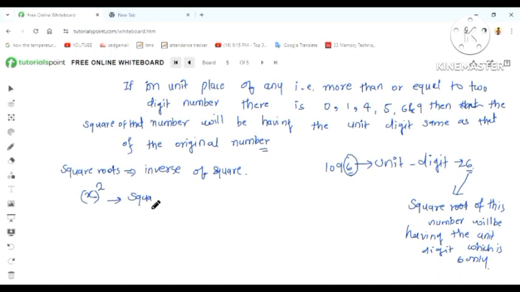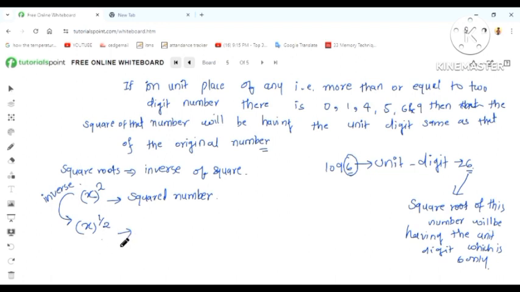Now if someone asks you how you will represent the square root, the square root is x raised to 1 by 2. It is not complex, just understand the concept. The square number is x square, so the square root is the inverse of this squared number, which is x raised to 1 by 2.